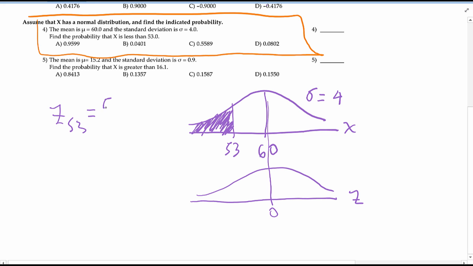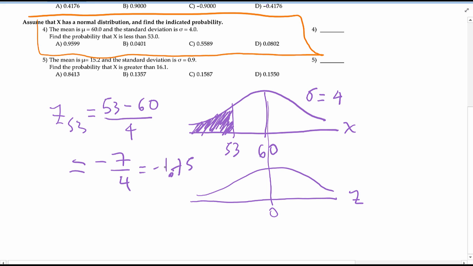It's 53 minus 60 divided by the standard deviation, which is 4. That gives negative 7 divided by 4. Okay, let me see what that is. That would be negative 1.75.